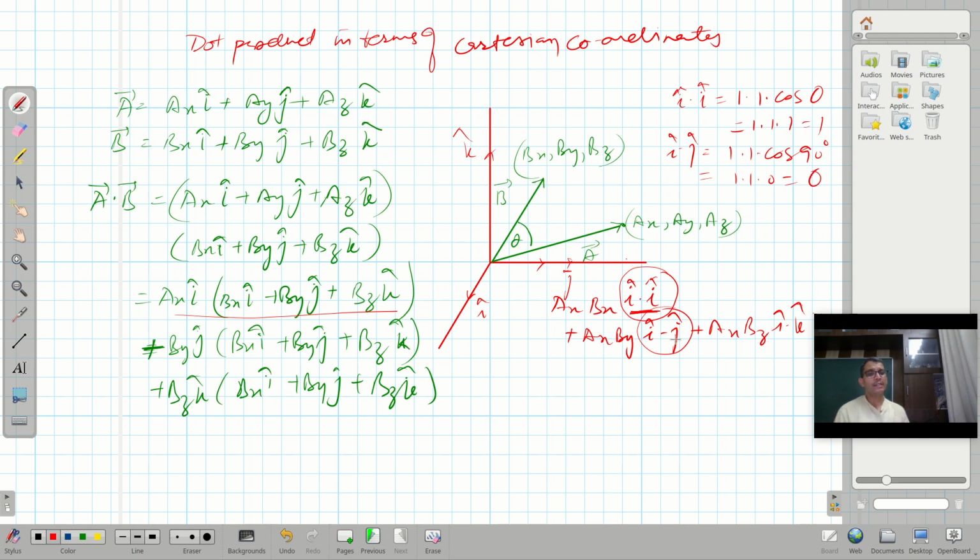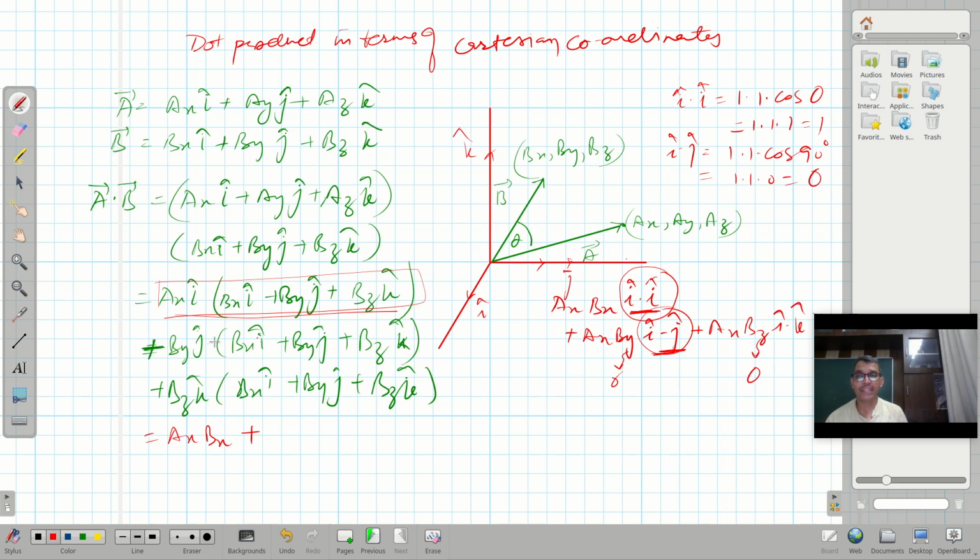So when a unit vector is multiplied with itself, it remains 1, but if it is multiplied with another unit vector which is perpendicular to it, then its value will be 0. So this value comes out to be 0, this value also comes out to be 0. That means in this part we will remain only with the quantity AX BX plus. Similarly, when j is multiplied with i, these are again perpendicular, its value comes out to be 0.